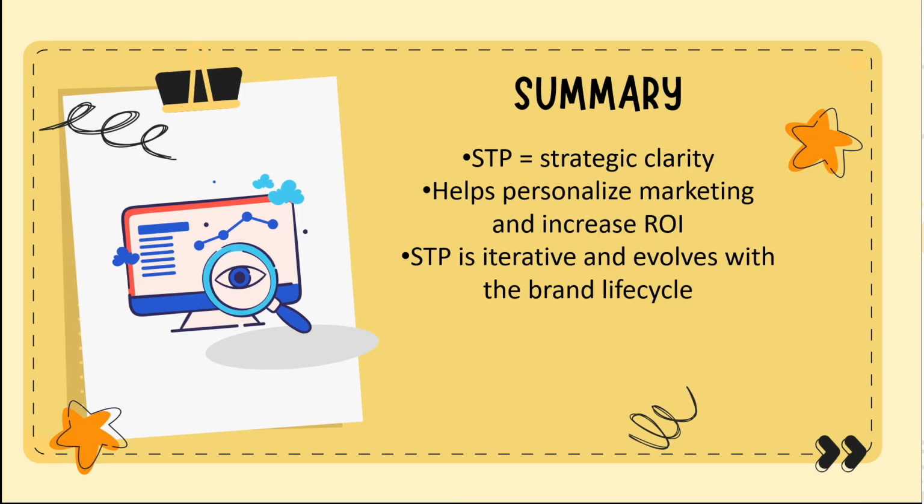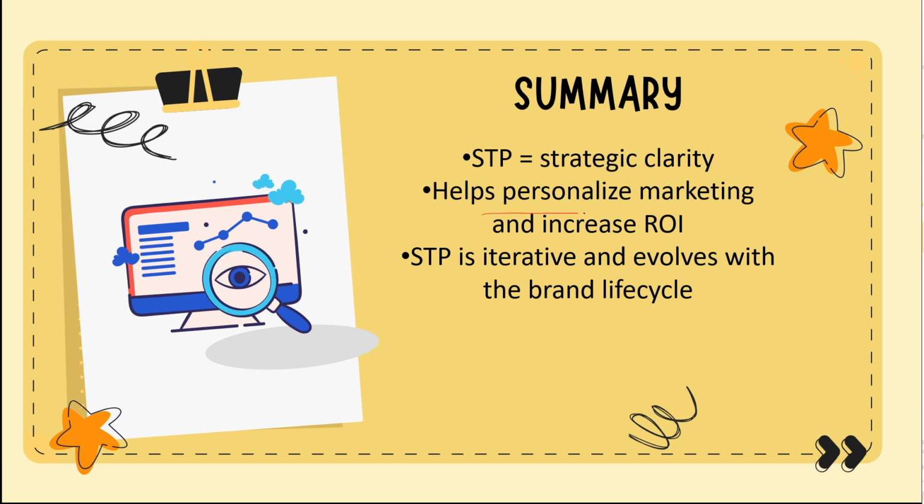Now, in summary, what we need to understand: STP means strategic clarity, what to do, how to do, and where to do. Very much clear in terms of strategic clarity. How to do might be a dimension for marketing mix strategies to decide, but what to do and where to do provide clarity to move further.